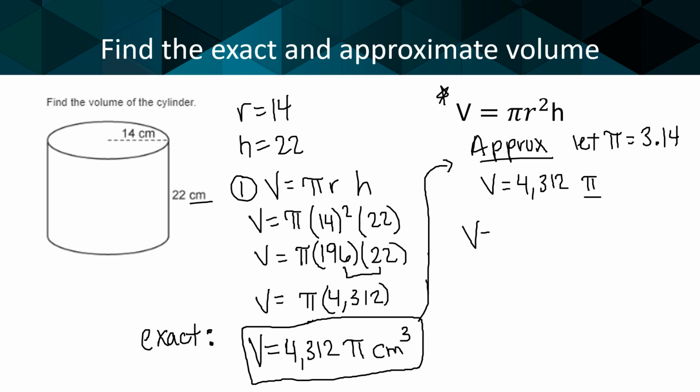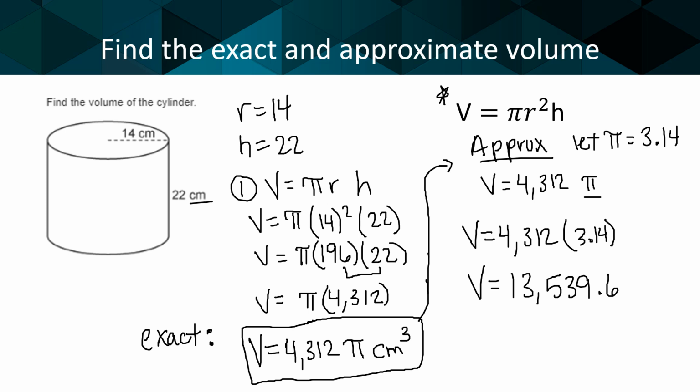So now I have volume equals 4,312 times 3.14. I'm just going to do a quick little calculation off screen here. 4,312 times 3.14. And that gives us our total volume, or our approximate volume, which is 13,539.68.